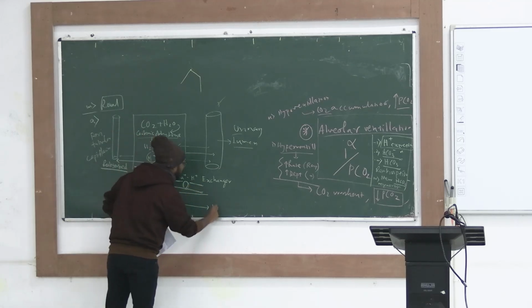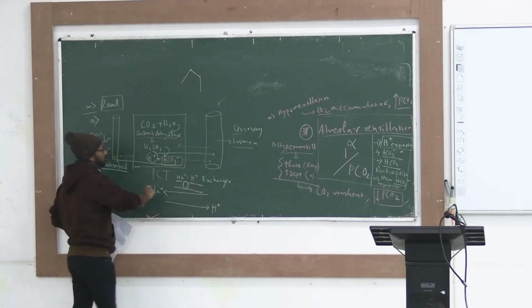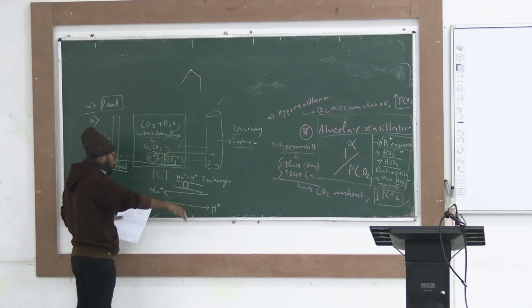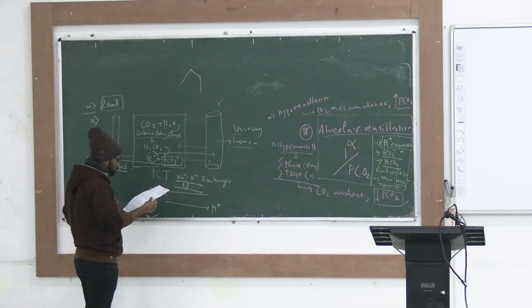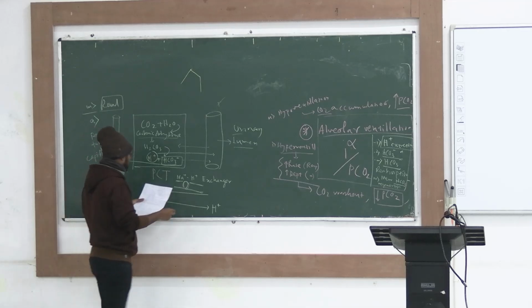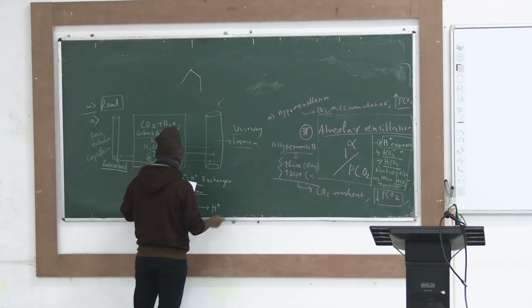Okay, so that way first hydrogen is excreted in your urinary lumen, so ওখানে চলে গিয়ে বেরিয়ে চলে যাবে. So now this hydrogen has gone into your urinary lumen.